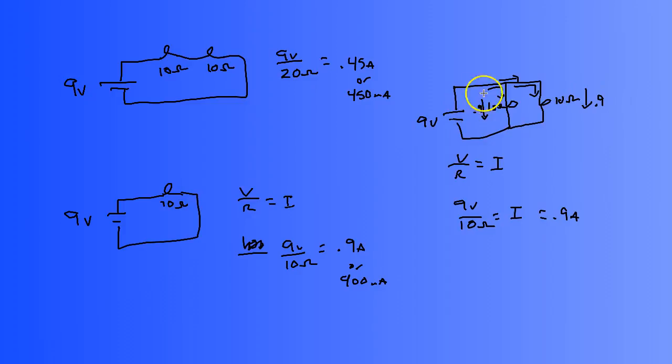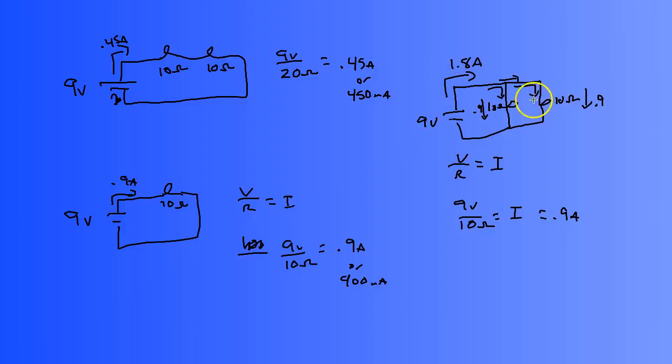So there's 0.9 amps flowing through both of these bulbs. Which means that, while the series battery has a current of 0.45 amps flowing out of it and the simple circuit battery has 0.9 amps, this battery is going to have 0.9 plus 0.9, so 1.8 amps flowing out of it.